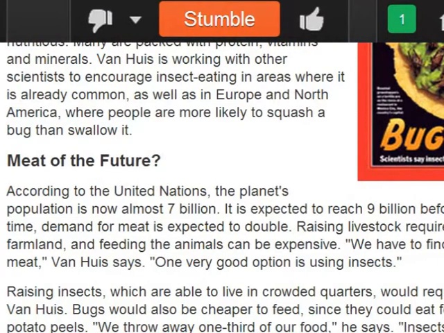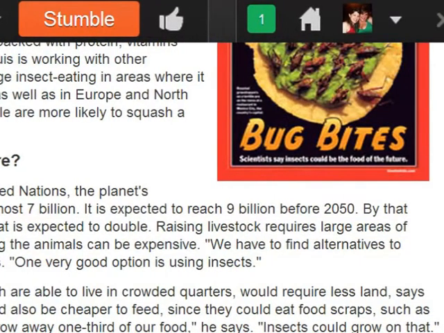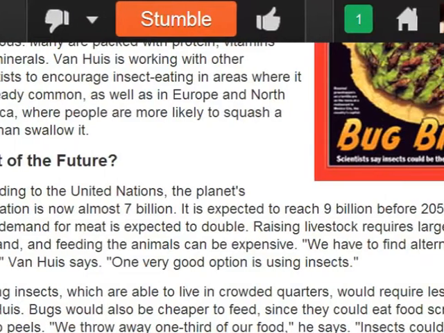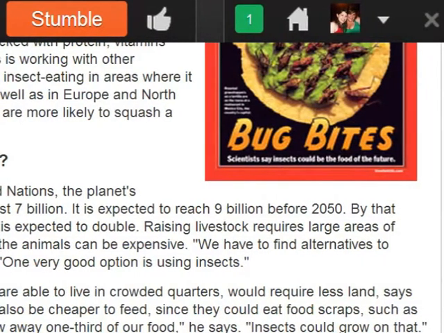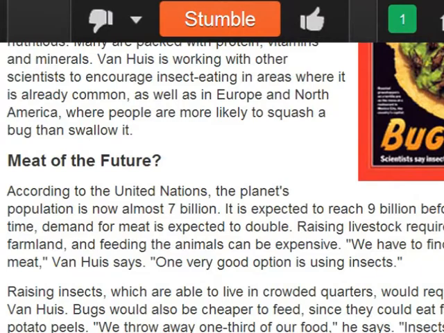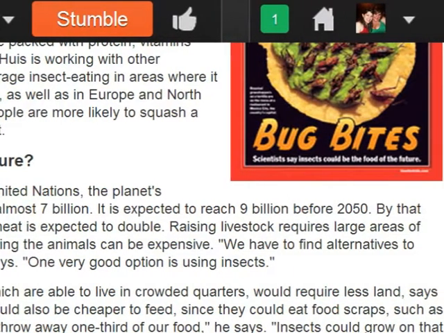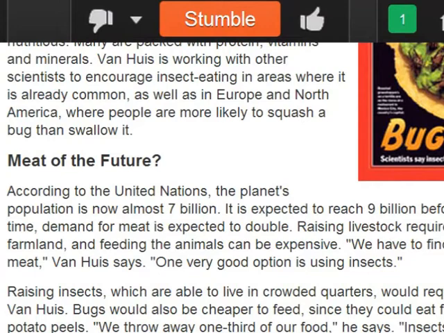It is expected to reach 9 billion before 2050. By that time, demand for meat is expected to double. Raising livestock requires large areas of farmland, and feeding the animals can be expensive. We have to find alternatives to meat, Van Huys says. One very good option is using insects.